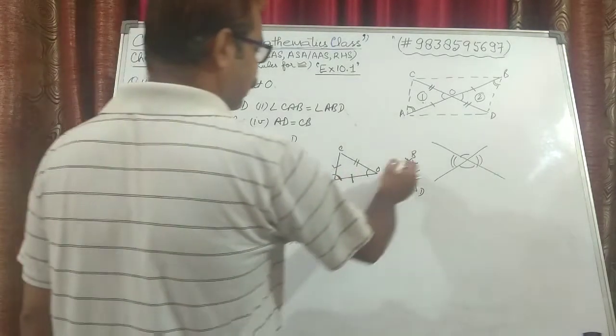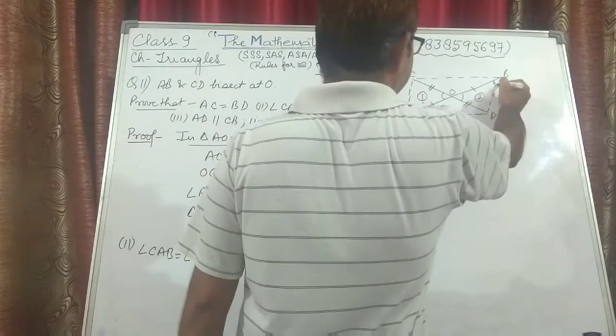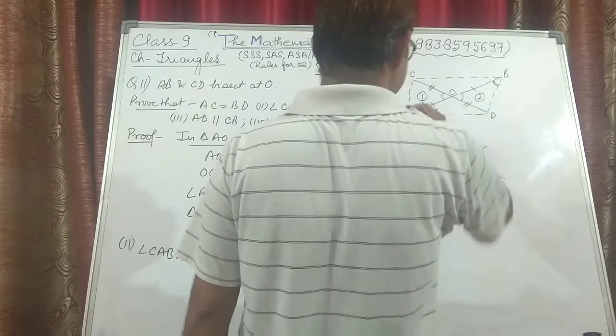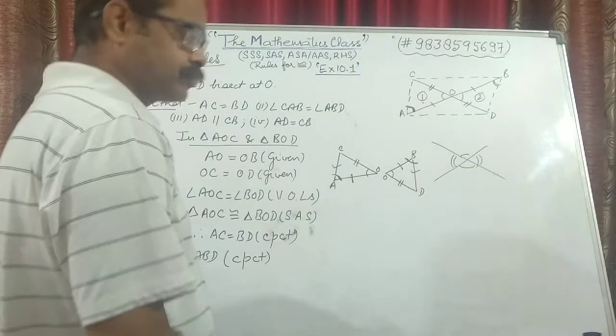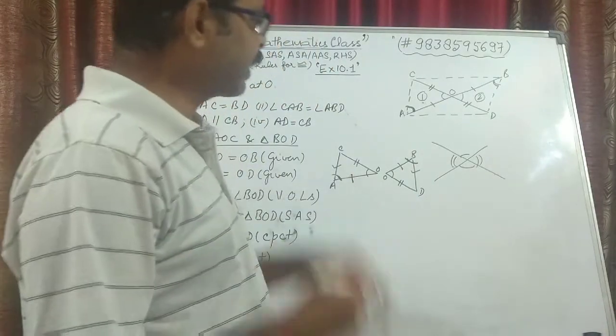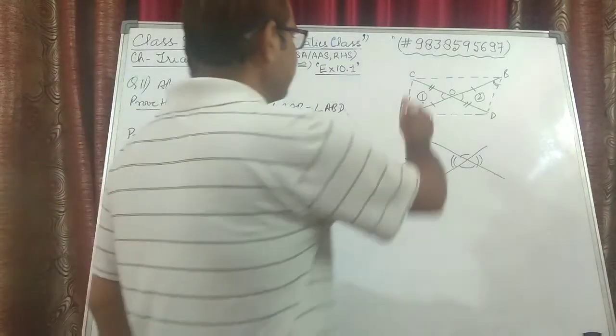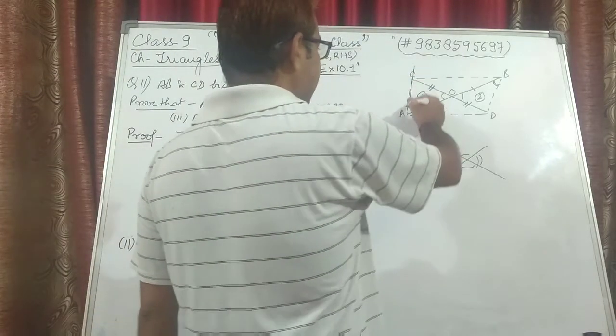Now these angles which correspond to each other are equal, we have already proved. These angles which correspond to each other and are equal can be considered as alternate interior angles when we draw these lines.